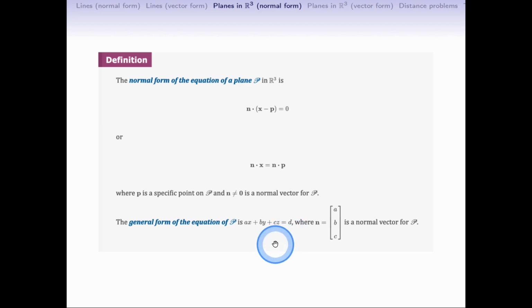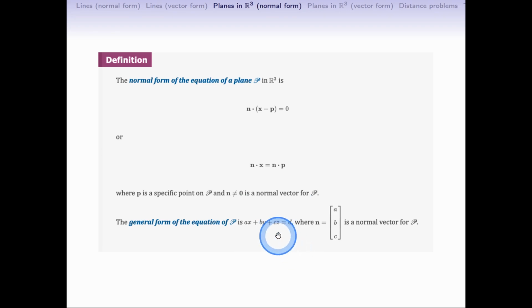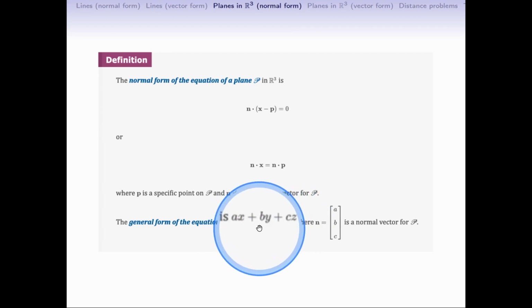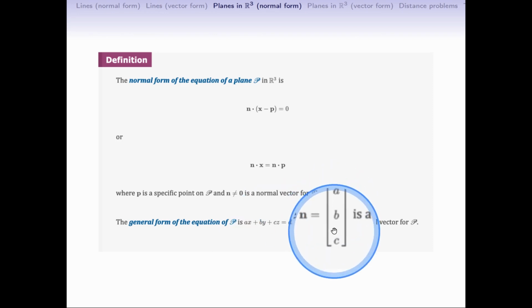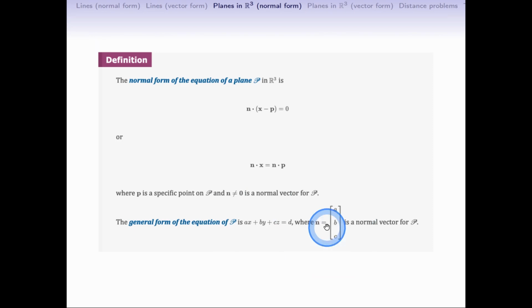So in other words, it's just like the general form of the equation of a line in two-dimensional space, where we now have just the added piece denoted by c dot z in this case. Now, as we saw with lines, if someone hands me the general form of the equation of the plane, I can also abstract out of this equation the normal vector by simply pulling off the coefficients of x, y, and z and making them the components of a vector, which will coincide with the normal vector that generates that plane.